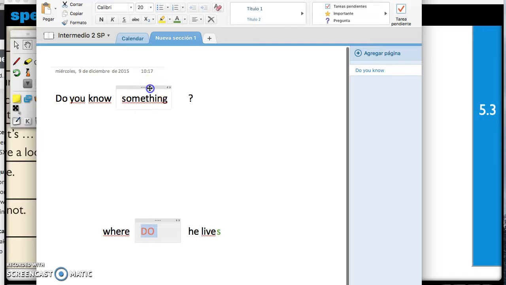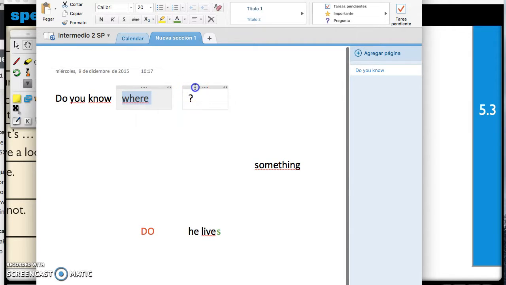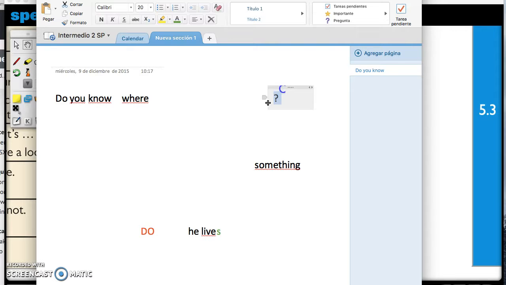Now, when we substitute this something for a whole sentence, a complete sentence, like, do you know where, then we don't need another auxiliary. We just need a subject and a main verb. Since it's the 3rd person singular, we'll add this. Do you know where he lives?